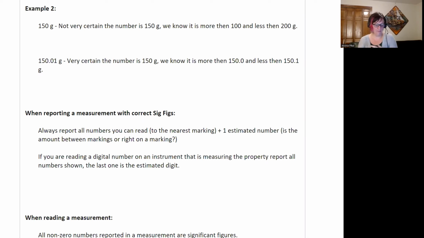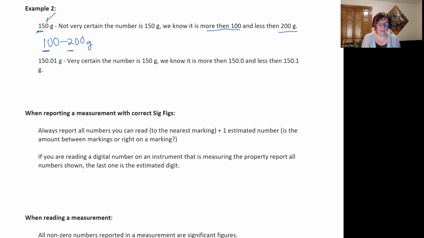Let's look at a second example. Say we measure something with one device and get a measurement of 150 grams. Just by reading this number, we know it's going to be more than 100 and less than 200 grams. So we have this range of 100 to 200 grams, and that is the known piece. Then the estimated digit is the 5.